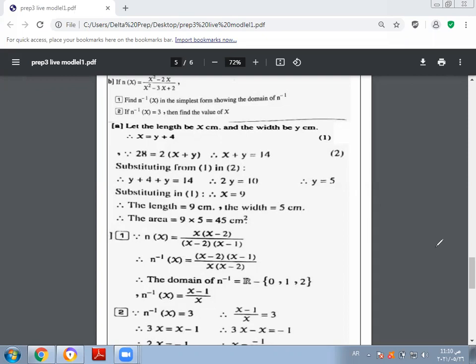We know that n of x equals x power 2 minus 2x over x power 2 minus 3x plus 2. We factorize each of the numerator and denominator.